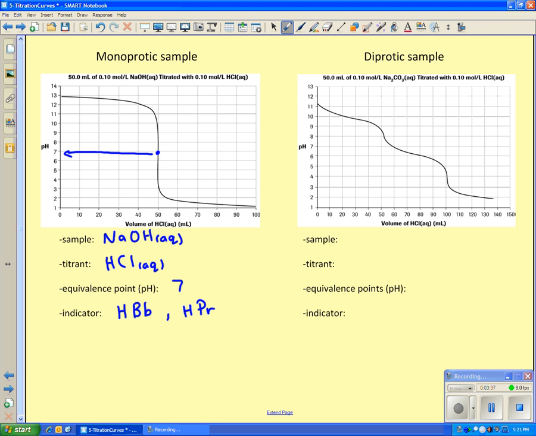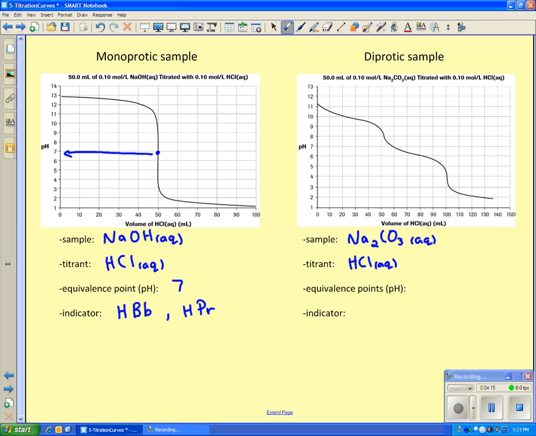So again, if we look at the title, 50 milliliters of 0.1 mole per liter sodium carbonate titrated with 0.1 mole per liter hydrochloric acid, we can tell that the sample is the sodium carbonate and the titrant is what we're titrating with, so that's the hydrochloric acid. And again, we started off with a relatively high pH, so it must be basic. And from your table of acids and bases, the carbonate ion, CO3 2-, is a weak base.